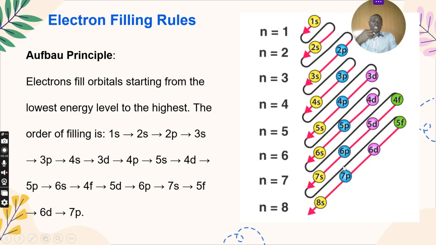So we are from 2p to 7p, and then the d subshell starts from the 3rd energy level and terminates in the 6th energy level. So 3 to 6, and then the f subshell starts from 4 and ends in 5. So in each case, where it starts increases by 1, and where it stops decreases by 1.